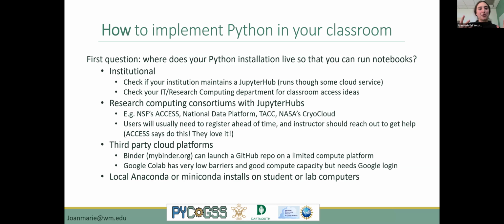Literally NSF Access, I don't know what it stands for, but it is literally like, hey, come use our computers. These were some of the people also involved with the climate cloud, and they said, please send people our way. If their institution does not have the computing resources, we want to make that happen for them. So here's a quick list of people that you can Google after this to see if they can hook you up with some computing time or resources.